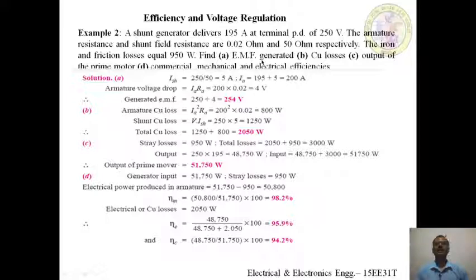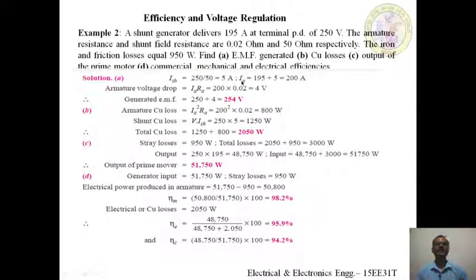You have to calculate EG, copper losses, output of the prime mover and the 3 efficiencies. So we can calculate ISH for the shunt generator. ISH is V by RSH, that is 250 by 50, which is 5 ampere.